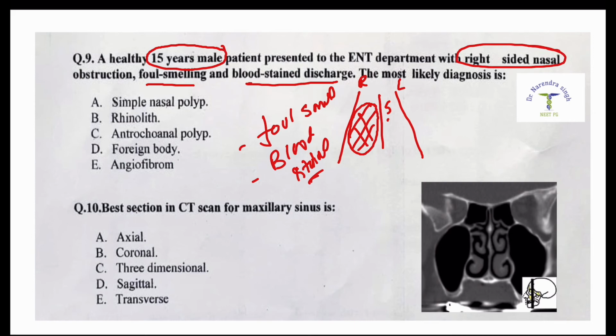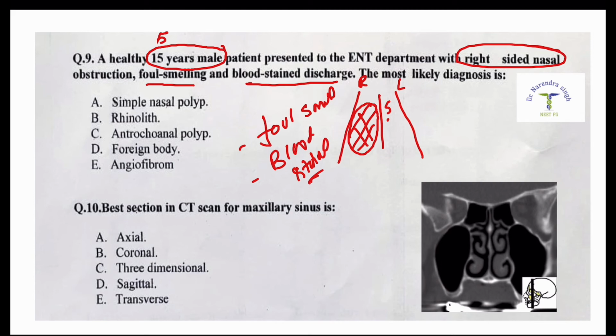So the options which are very confusing in this case: one is the foreign body, that is option D. If in the question it had been a 5-year-old child, then we would have gone towards foreign body.